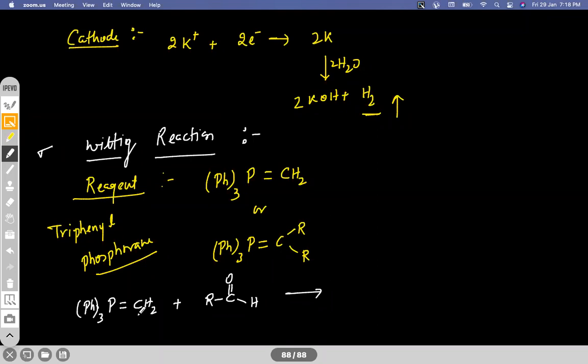C double bond O and P double bond CH2. So this double bond CH2 and double bond O you just interchange. What we get? Ph3P double bond O we will have over here, and RCH double bond CH2. This is the alkene we get.